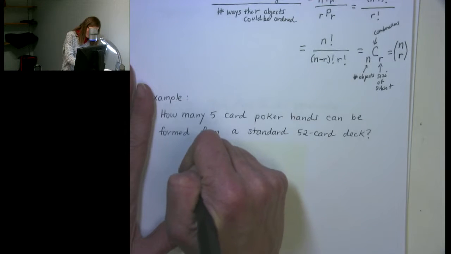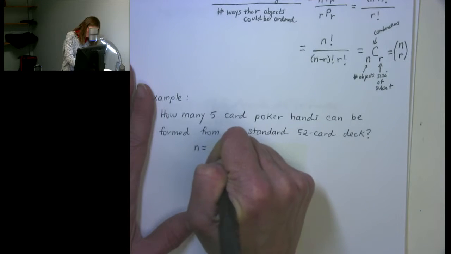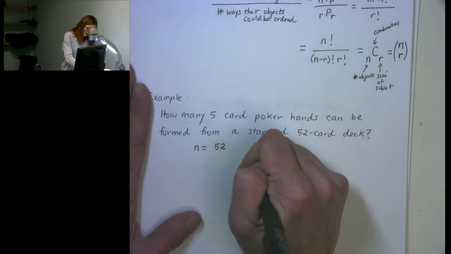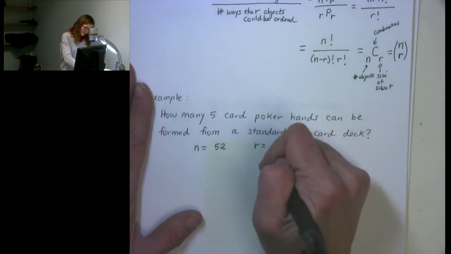So here, n is the number of objects that I'm choosing from. So those are 52 cards. R is the size of the subset, so I'm looking for a 5-card hand.